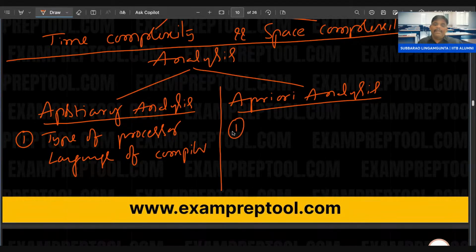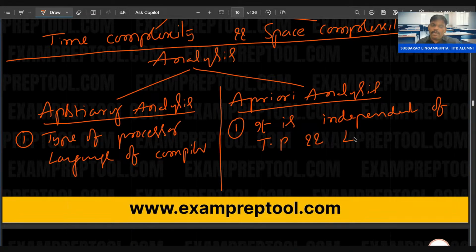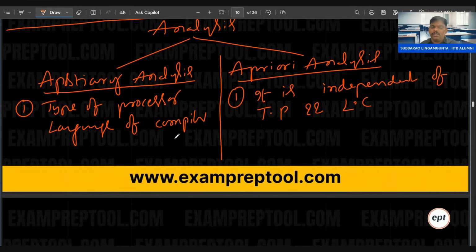But in the case of the priori analysis, no real things are involved. So posterior analysis is based on type of processor and language of compiler, but priori analysis is independent of type of processor and language of compiler. Posterior analysis is dependent.